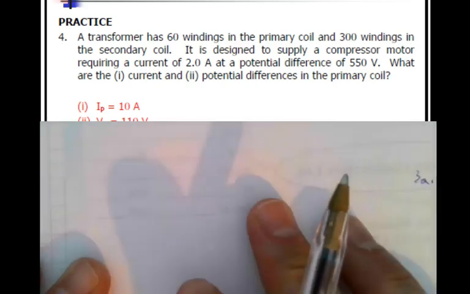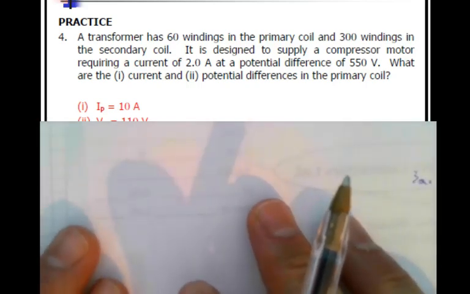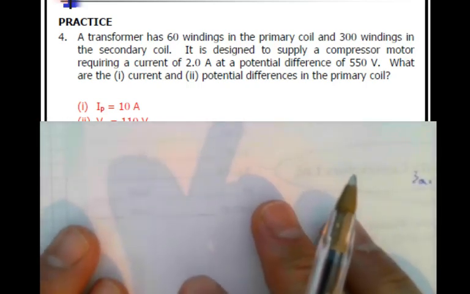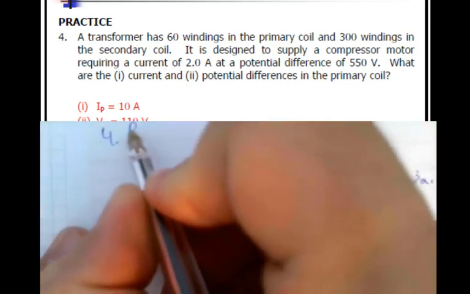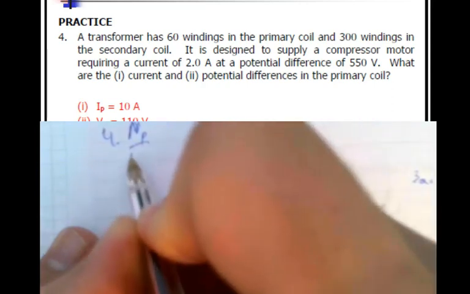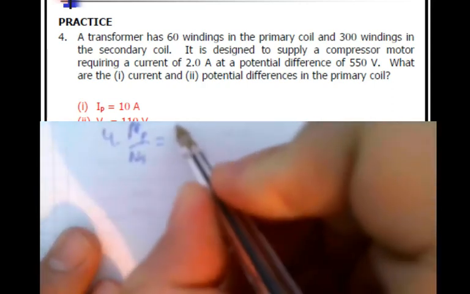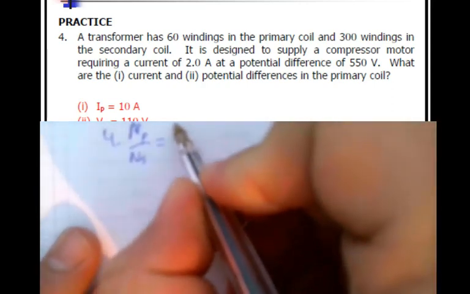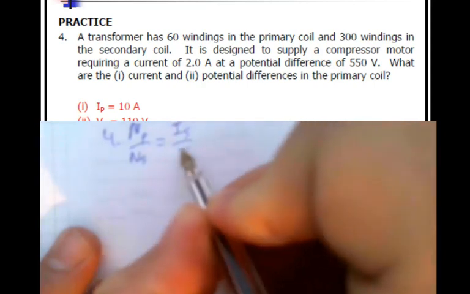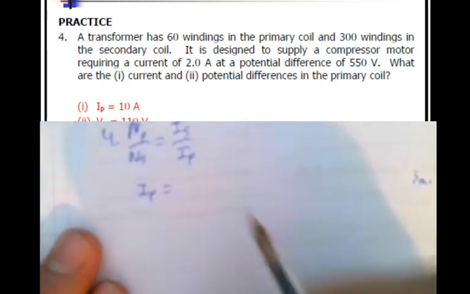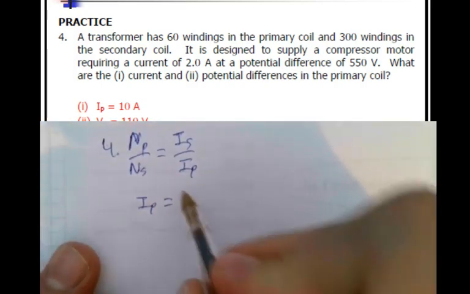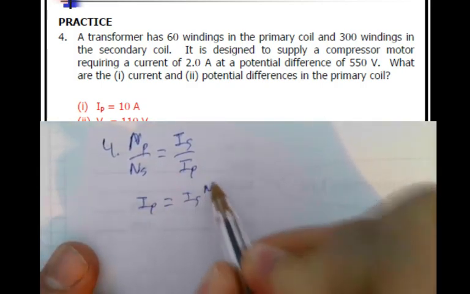So we know the secondary values, the voltage and the current. We also know the number of windings. So Np over Ns equals, let's do the current first, so that would be Is over Ip. And I need to find the primary. So Ip equals Is Ns over Np.